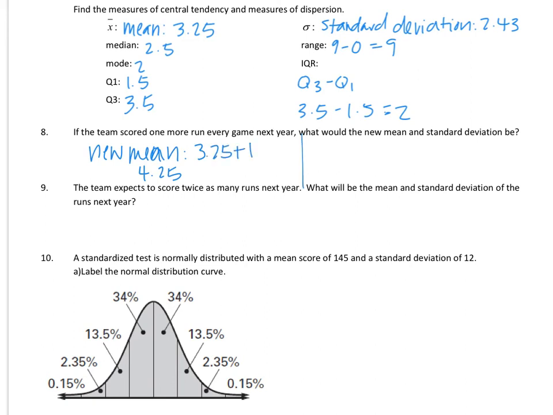The new standard deviation would be the same, because if they all went up by 1 run, they're just as spread out as they were this year. So standard deviation measures the spread. And so if all the numbers move around by the same amount, their spread doesn't change.